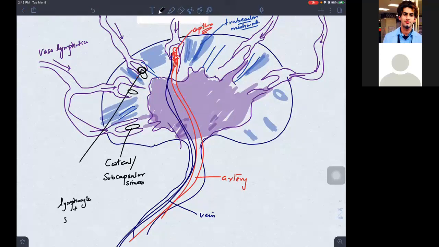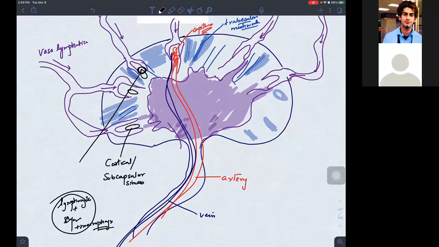Remember, the subcapsular sinus contains lymphocytes and capsule, and some macrophages also, I forgot. This is what you have to remember.